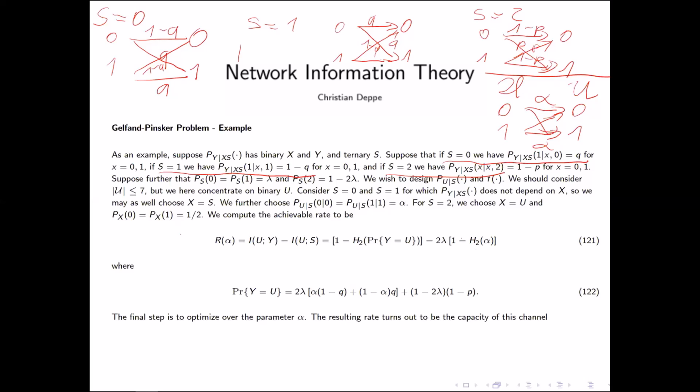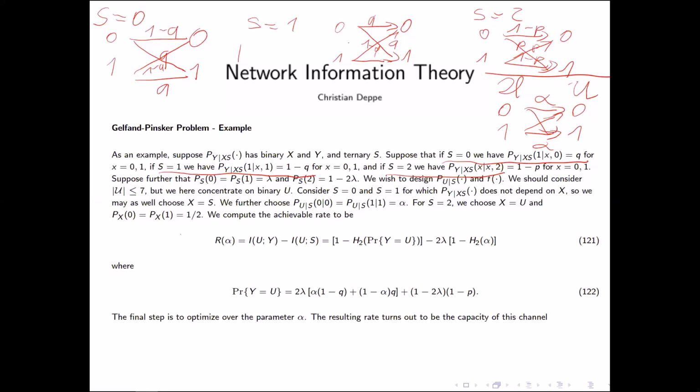So that's just the rate formula for this channel, if you choose this very special U here. But it turns out, if we optimize alpha, then the resulting rate turns out to be the capacity of the channel. I think that's also a good exercise to look at this in more detail, because it's not so difficult.